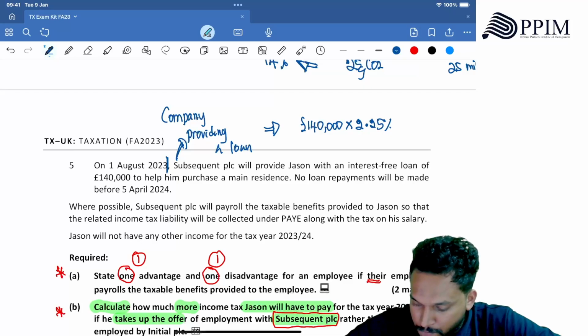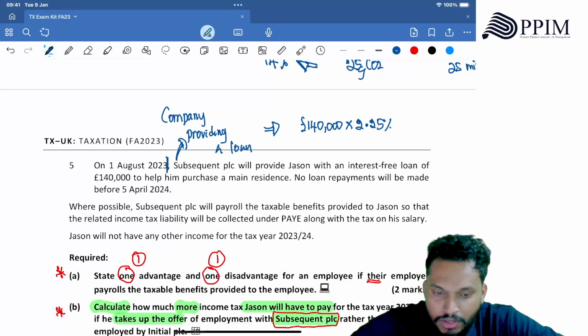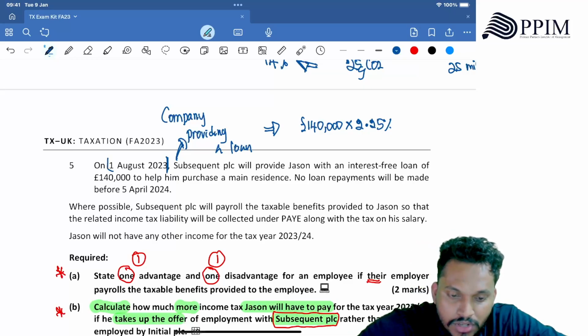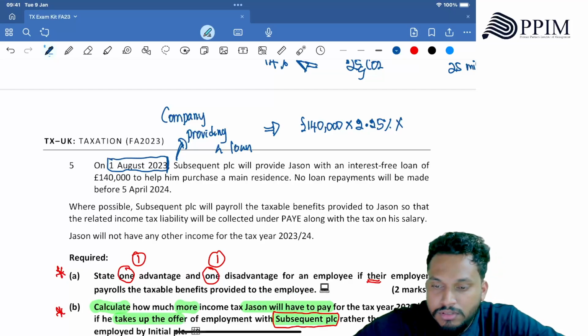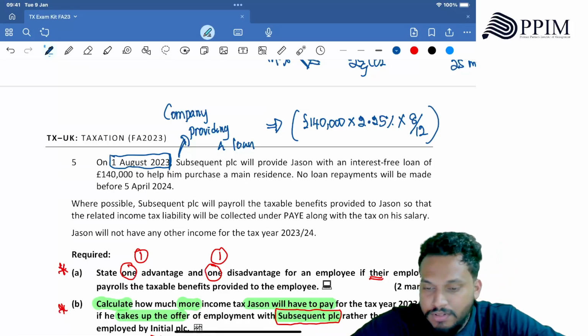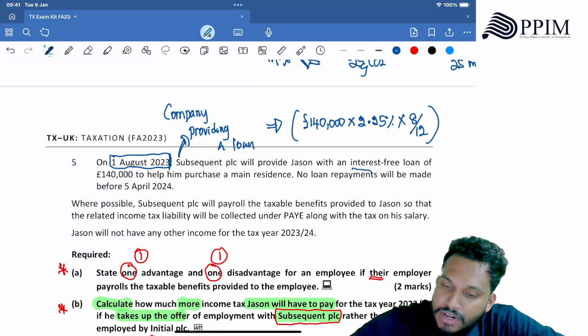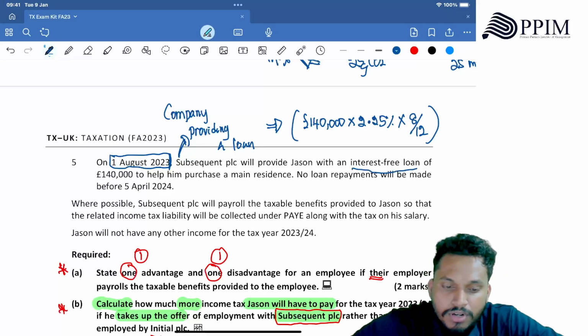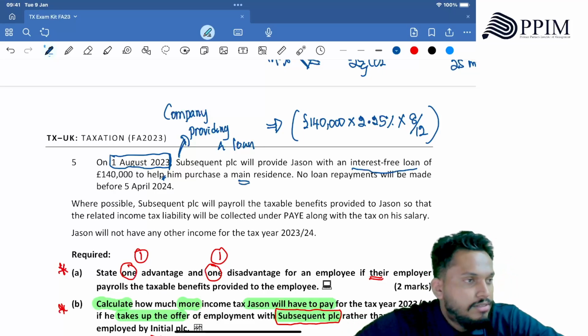Okay, fine. So this is given to him on 1st of August. So from August to April, how many months? It is 8 months. So this is the benefit that you will receive as a result of Jason's interest-free loan of 140,000 provided to him to purchase a main residence.